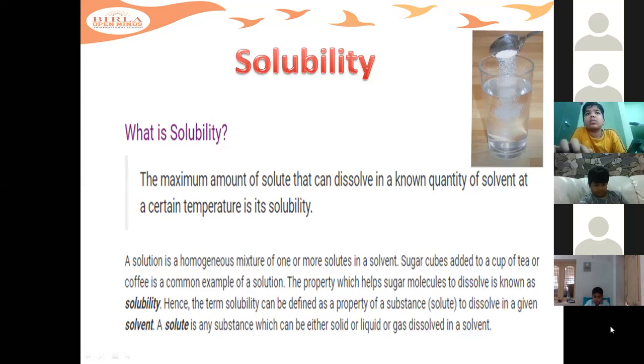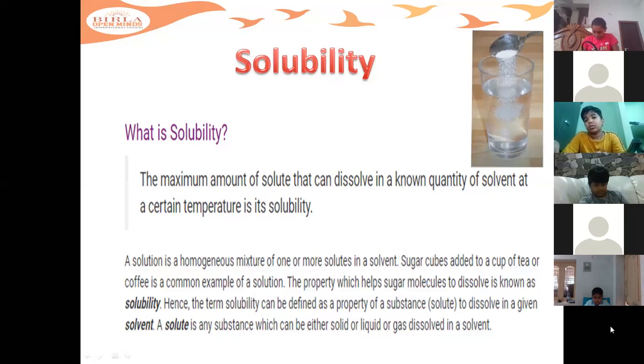So children, here again a stage comes. Here we have seen we can recover this salt and sugar. Now what happens if we are going on adding the sugar into the water or the salt to the water? We are adding 10 spoons of sugar, 10 spoons of salt in the water.